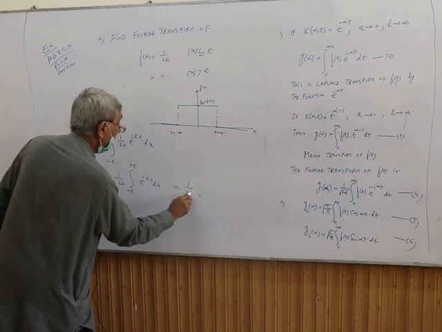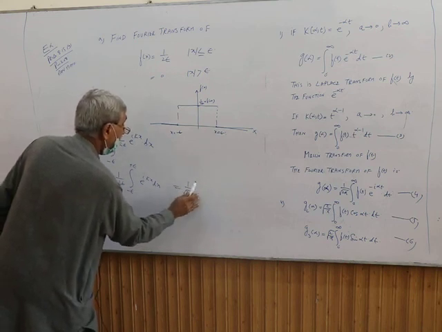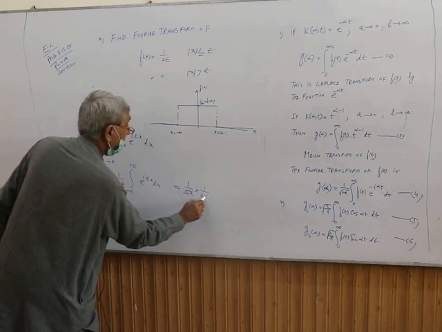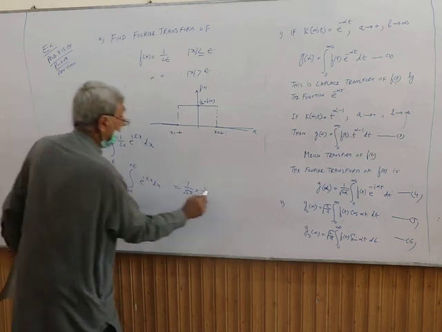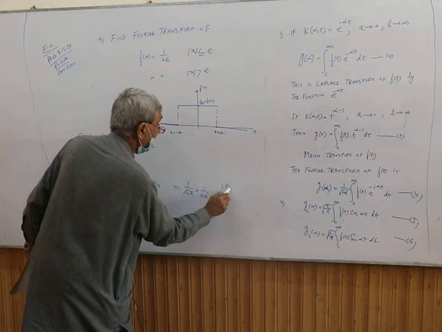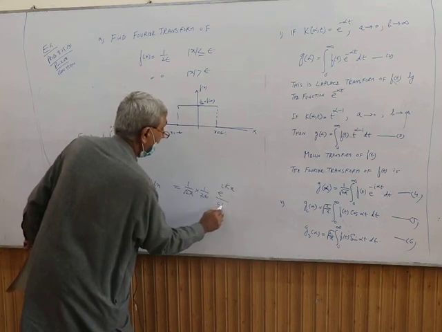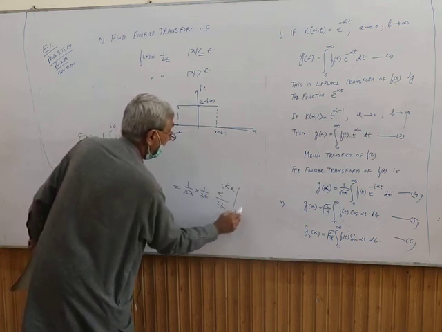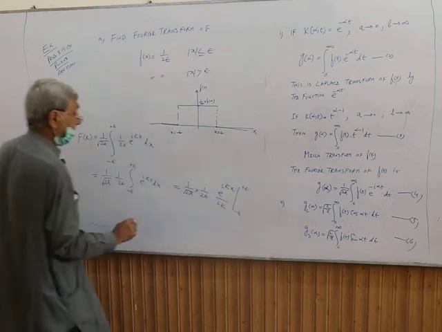The integral will be e raised to ikx divided by ik, from minus epsilon to plus epsilon.